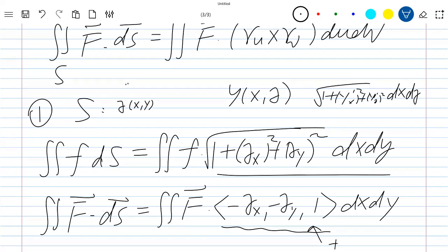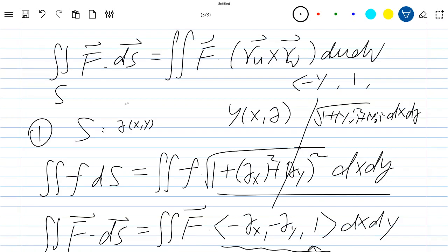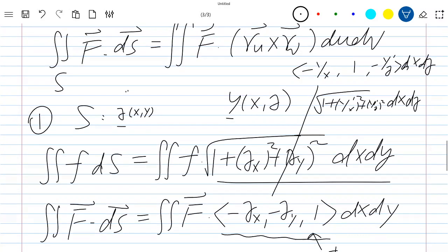And this one here will become a little bit more careful. 1 for the y term, and then you have negative y_x and negative y_z, and then you have dx dz, right? So the switch, if it's not z, it's y, then just change y to the role of z.